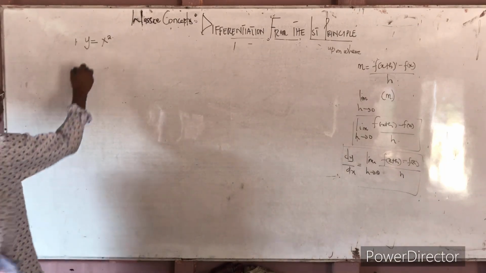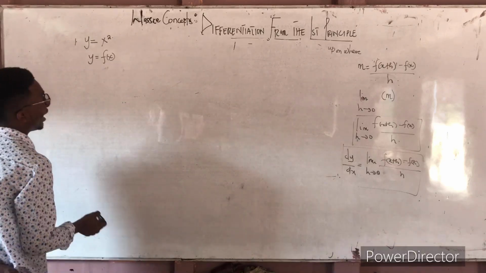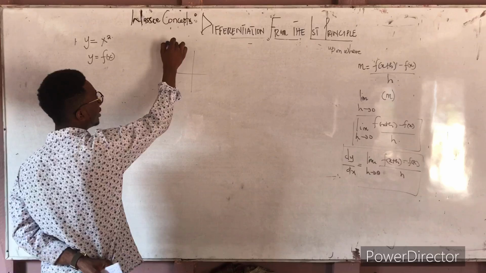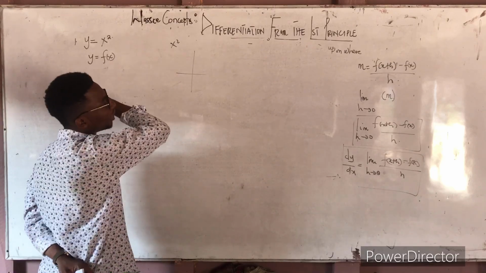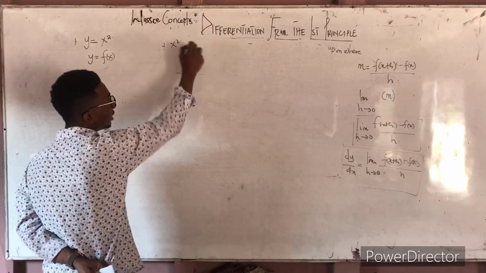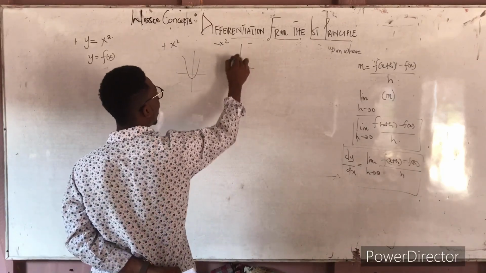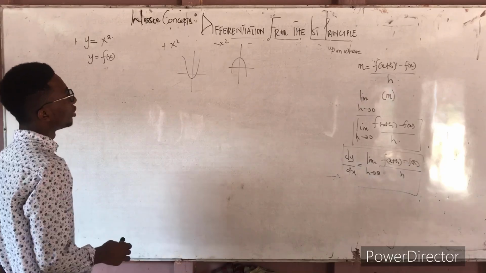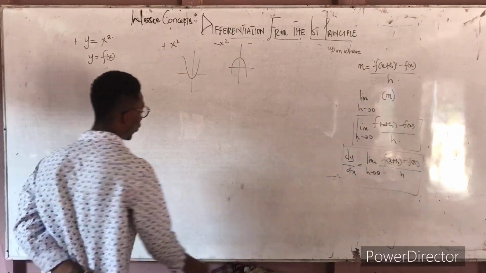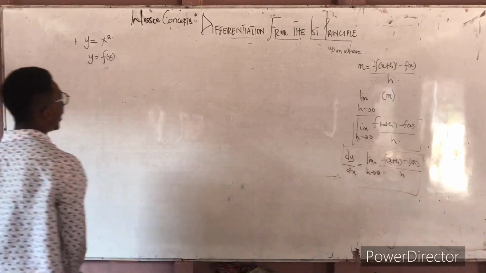Now, when we say y is equal to f of x, x squared is a curve. If the coefficient of the x squared is positive, you have a curve like this. If the coefficient of the x squared is negative, then you have a curve that comes this way. So you know that almost always a quadratic function gives a curve. Okay. So now since the x squared is a curve, we can find the derivative of the x squared.